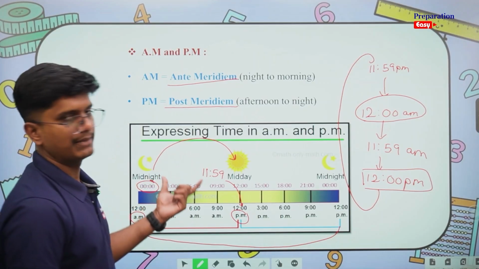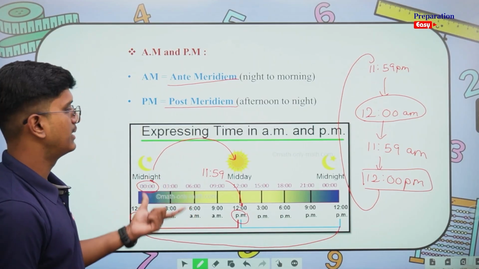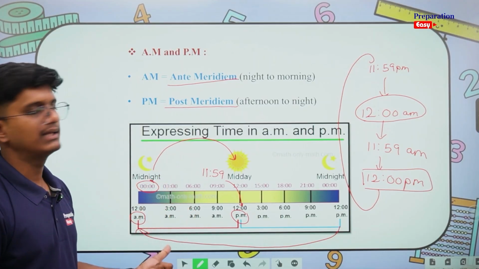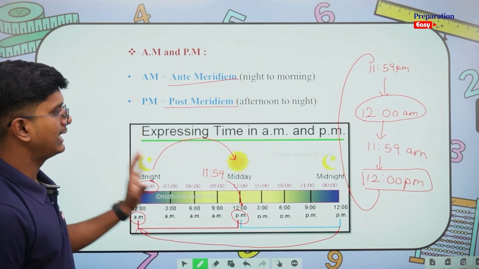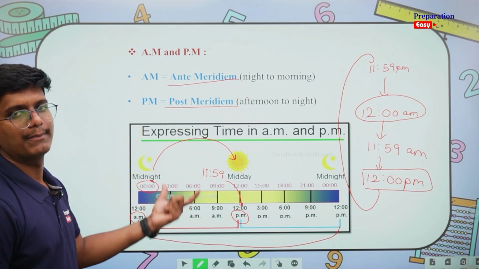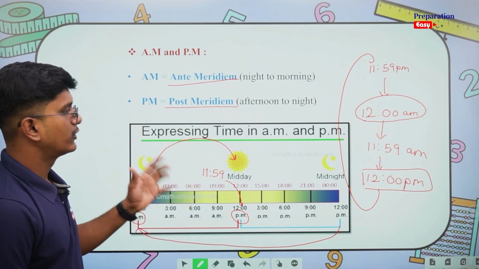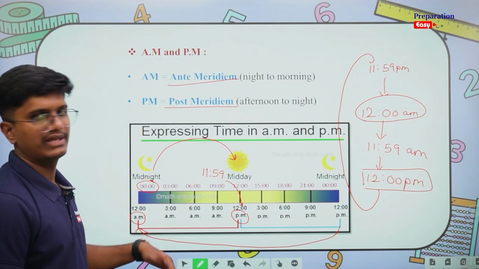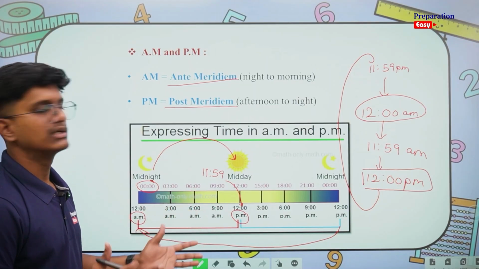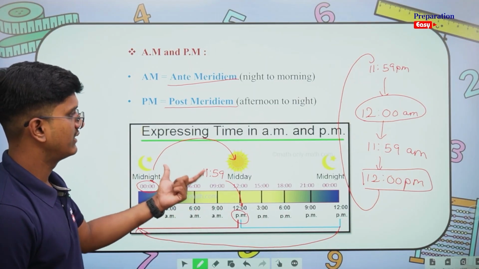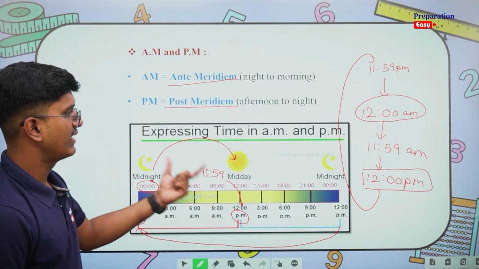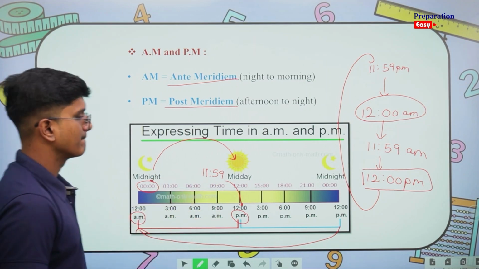So this is the anti-meridian and post-meridian. Just for understanding, anti-meridian and post-meridian are applied for the 12-hour clocks. Even though we have 24-hour clocks, right now we are just dealing with the 12-hour clock.